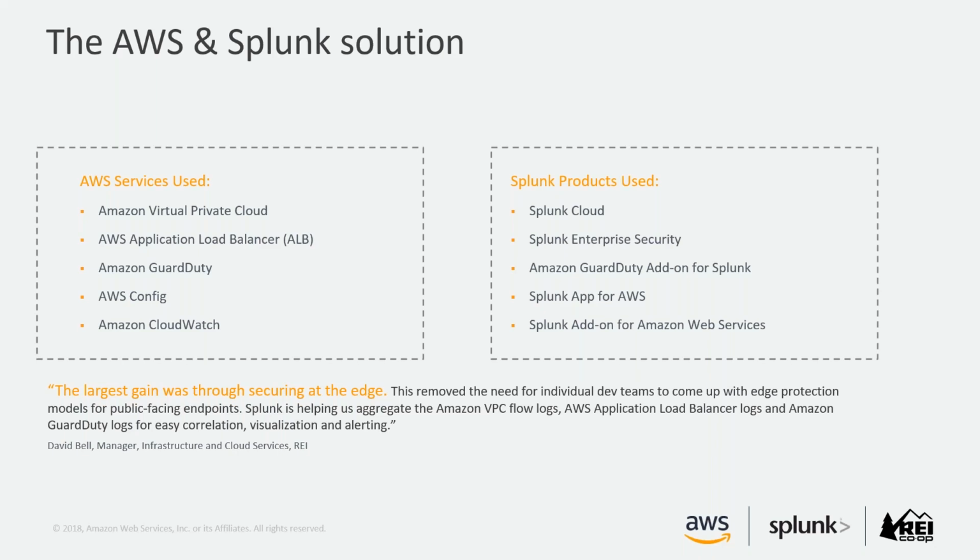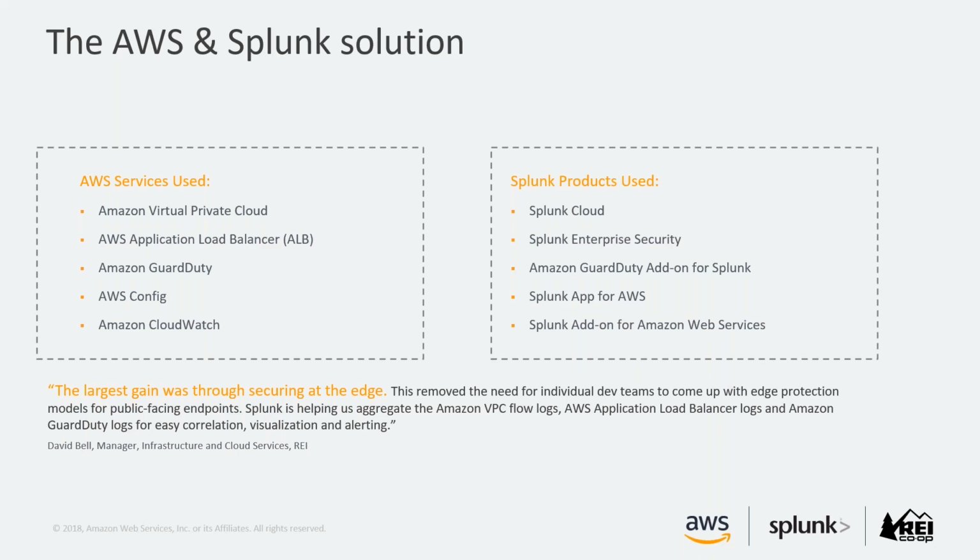But within the VPC of each of our application teams, for any ingress needs or external facing endpoints in each of the VPCs, we front each of those virtual private clouds for each application with an ALB, and we scrape those logs into Splunk using CloudWatch. We'll walk through all of this in depth in a moment. And those logs are hosted in Splunk Cloud.